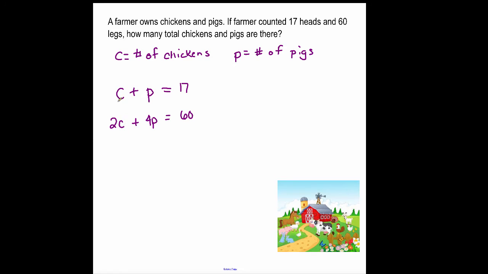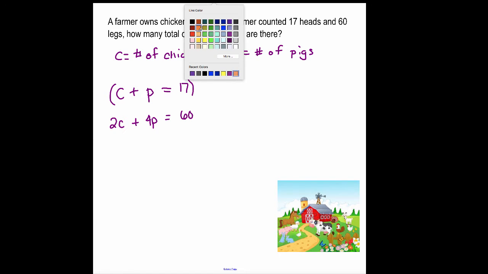So in order to do elimination, I need to have coefficients of my variables that are either opposite or the same. And I tend to like mine to be opposite. I'm going to eliminate my C because I can easily multiply anything by 2. So I'm going to multiply the top equation by a negative 2. I'll use a different color here.